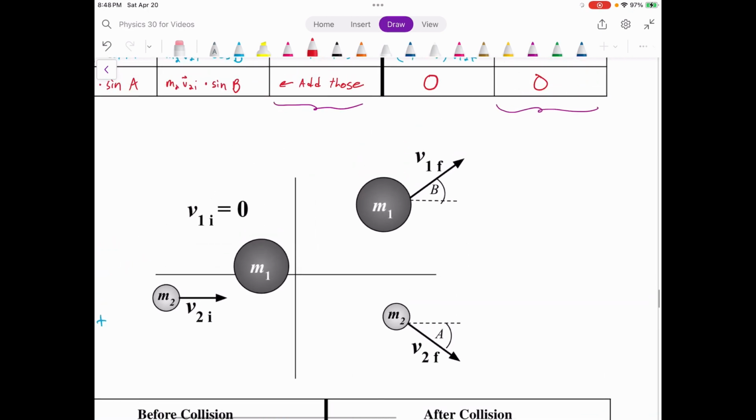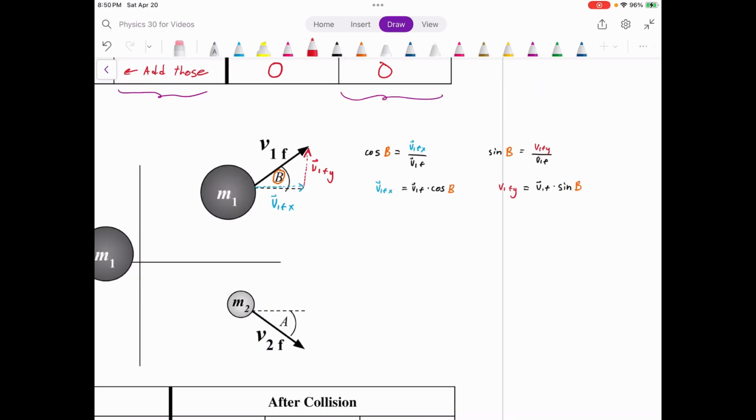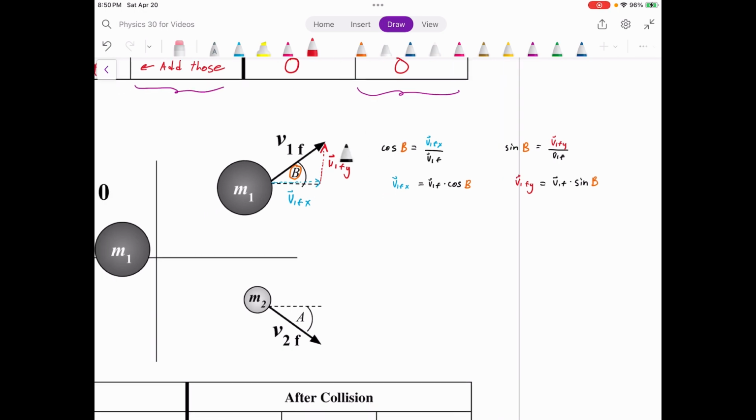So let's go ahead on this side now. We're going to have to do some splitting into x and y axes, but we know how to do that. Let's just jump in with ball 1 there. Just using our same old idea, SOHCAHTOA, cosine is adjacent over hypotenuse, so the cos of b will be the x component over the velocity itself. Multiplying both sides by the velocity itself, we get that the x component is the velocity times the cosine of b.